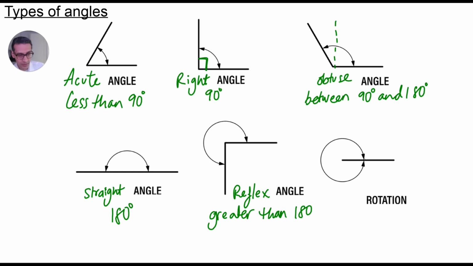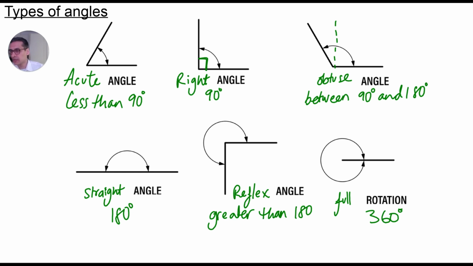Now, if it reaches a specific point where it turns back onto itself, then this is called a full rotation. So you can see the arms are on top of each other, and the angle is a full turn. You can also call it a full turn if you want to. And this is of course going to be 360 degrees. So if you were to turn 360 degrees, you'd end up facing the same direction again.